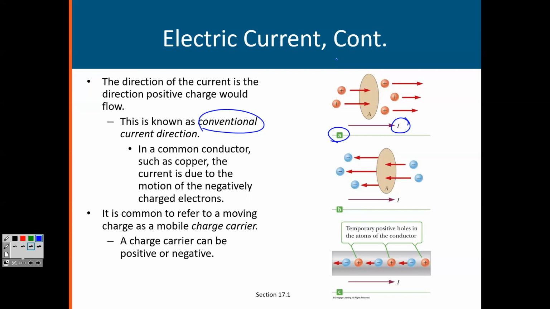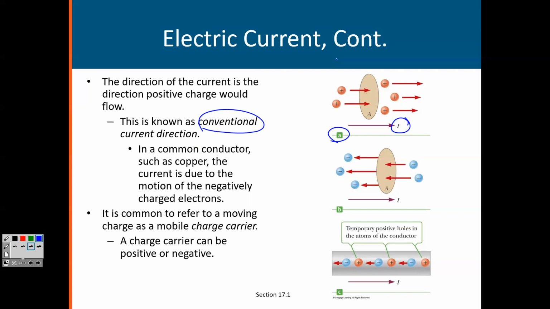Protons are bound to the nucleus of the atom. They are not free to move. If they are to move, they have to move with the atoms. You don't see the atoms flowing, or it would be molten. So it is only the free electrons in the metal or conductor that are flowing. Electrons are negatively charged.